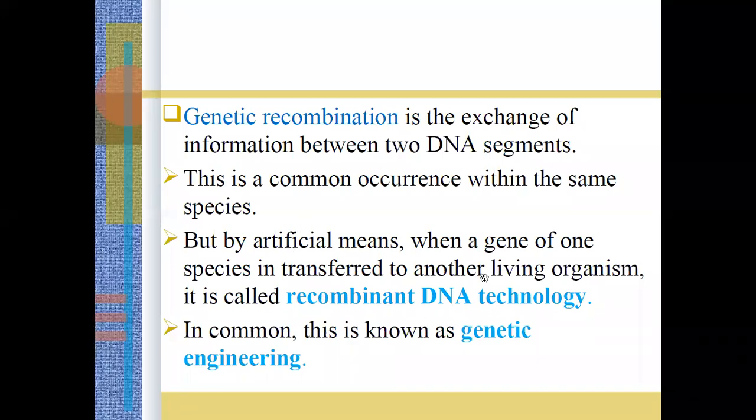In common, recombinant DNA technology is also known by another name, genetic engineering. The formation of recombinant DNA and its application, all of this we are going to study under the branch of genetic engineering. Why is it called so? Because here we are engineering a genetic material, a DNA or RNA. These nucleic acids are engineered, hence the branch is called genetic engineering.